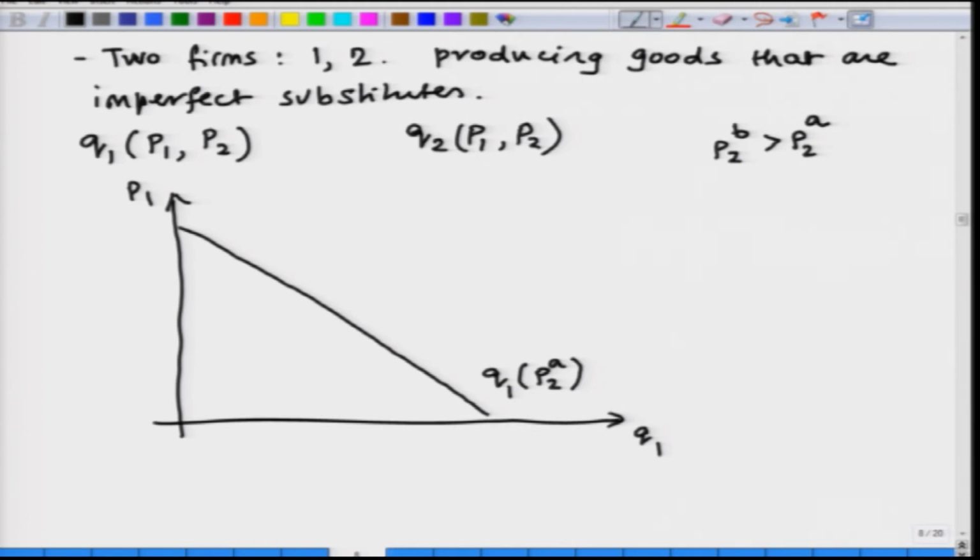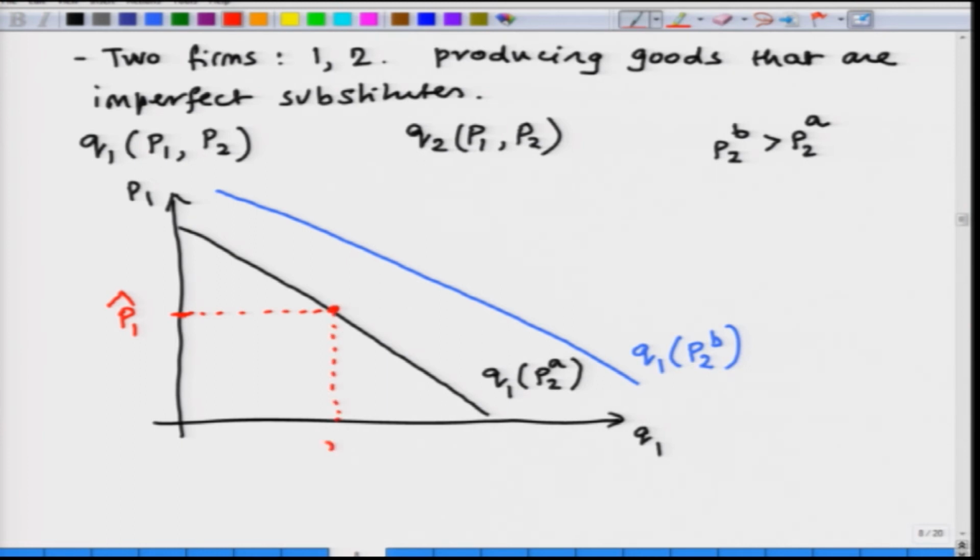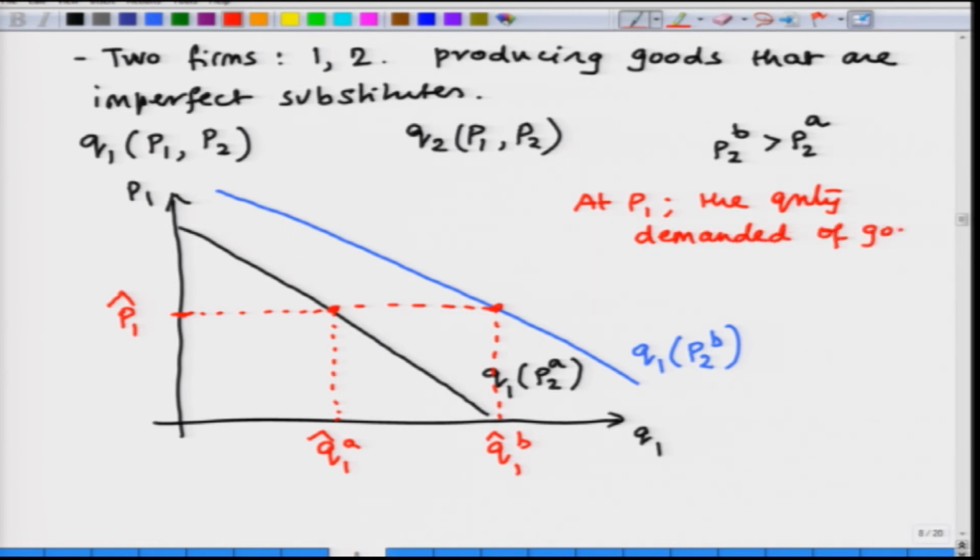So, I would expect the demand for firm 1's product to increase, and the new demand is Q1 at P2B. So, at some price P hat, the original quantity demanded was Q1 hat A. Now, the quantity demanded of good 1 increases from Q1 hat A to Q1 hat B, where Q1 hat B is greater than Q1 hat A.